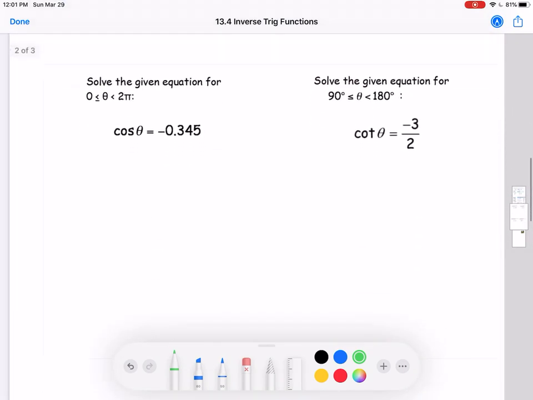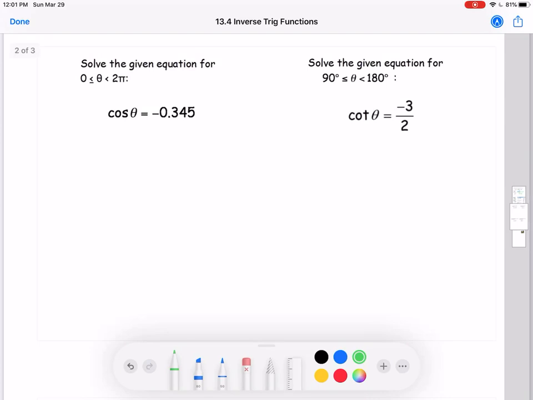And here's an example of kind of what I'm talking about with that. Okay, we have a given equation here, cosine theta is equal to negative 0.345, and we're looking for theta somewhere between 0 and 2 pi. Because this is 2 pi, we're looking for a radian answer.